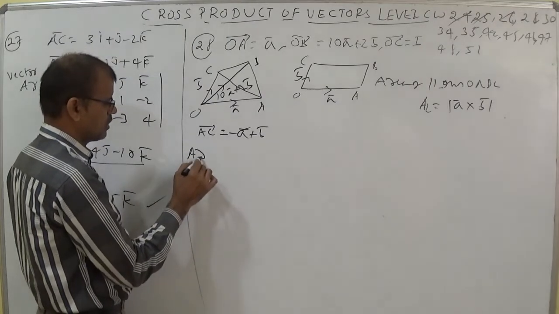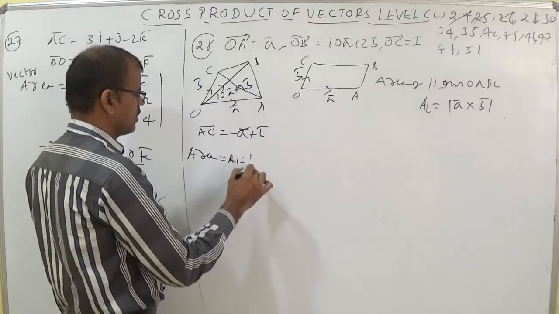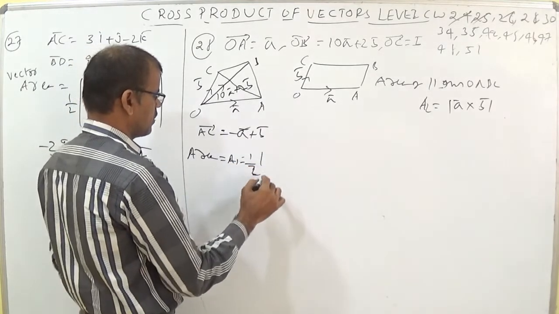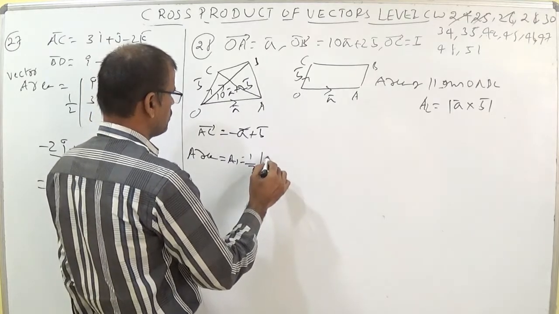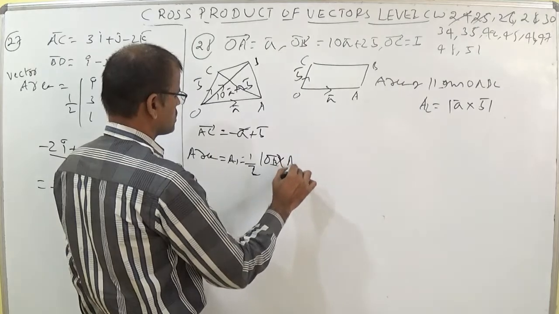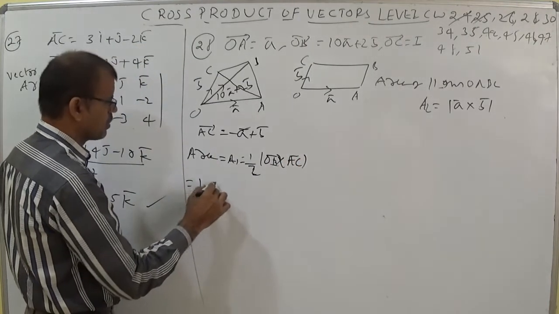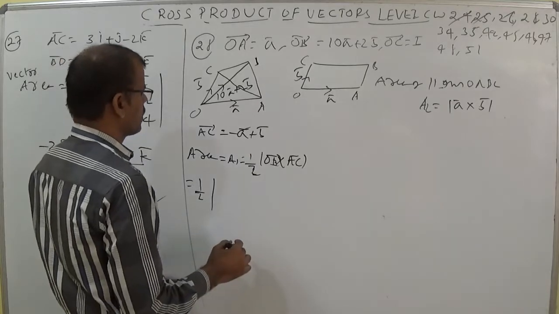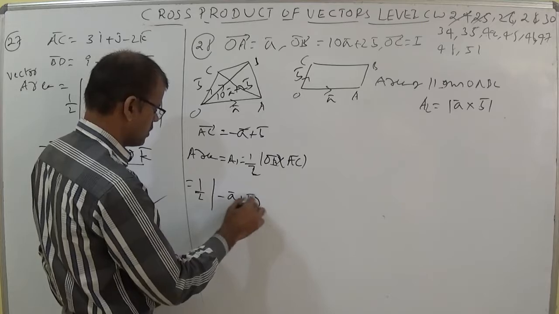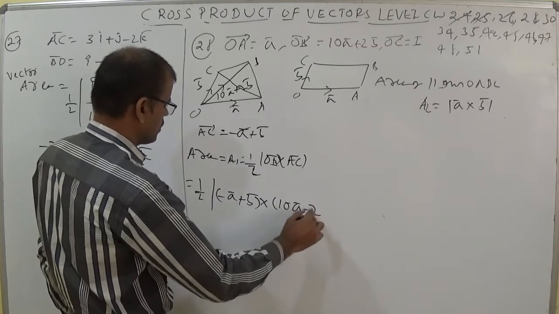Now the area, indicated with A1 because that is A2. The A1 formula is 1 by 2 into OB cross AC, that is equal to 1 by 2 into minus a plus b cross 10a plus 2b.